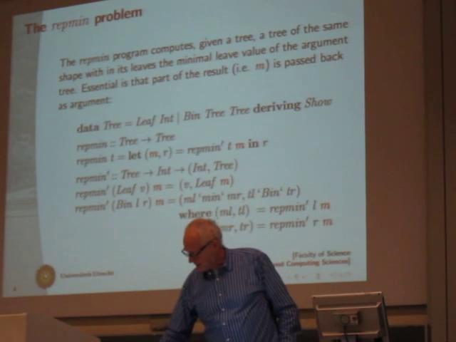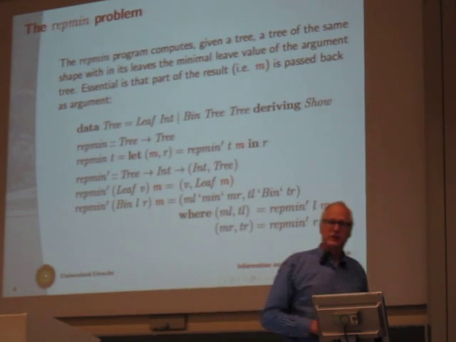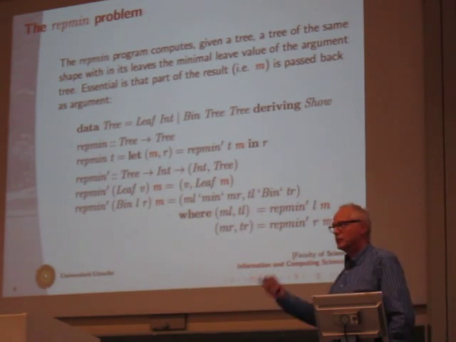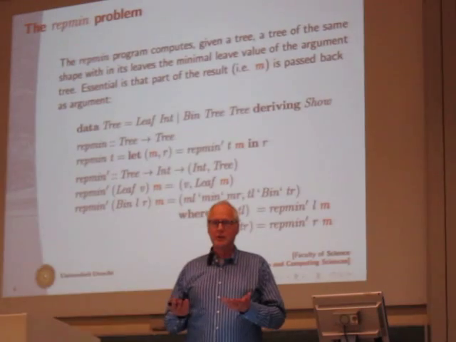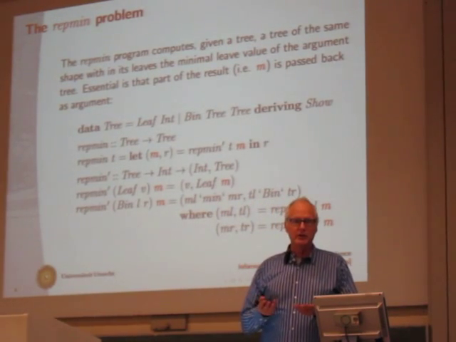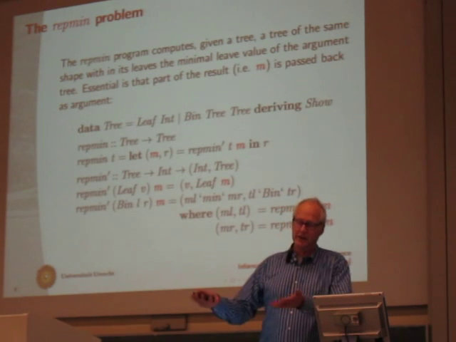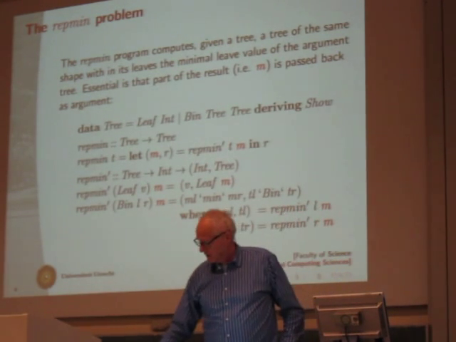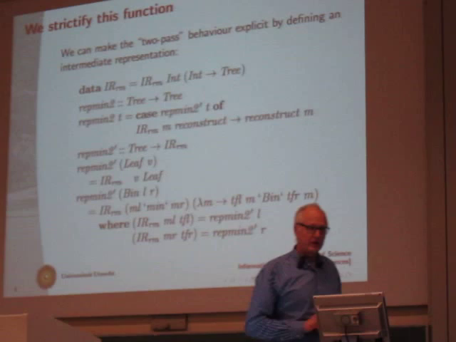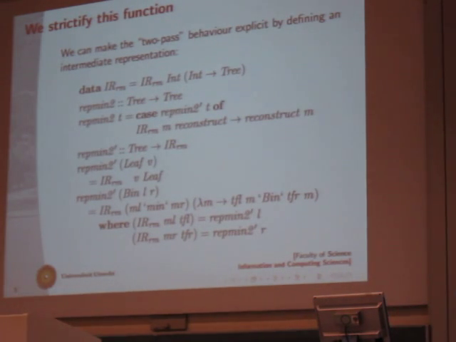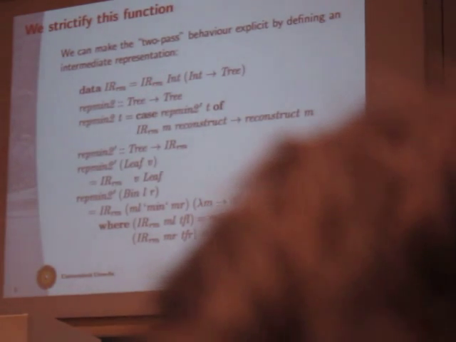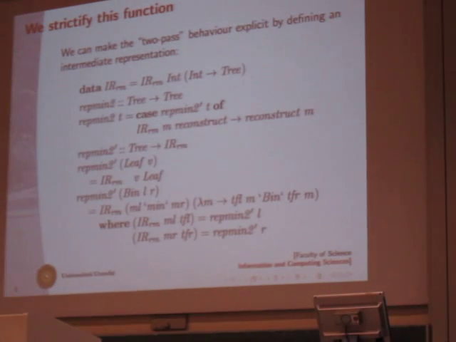So now for those who think this is extremely complicated, let me show you a strict implementation, an equivalent implementation, but in a strict language, or in Haskell again, but which is strict, which performs the same computation. I define an intermediate representation which contains an integer and a function which, if I pass it an integer, will construct the tree.